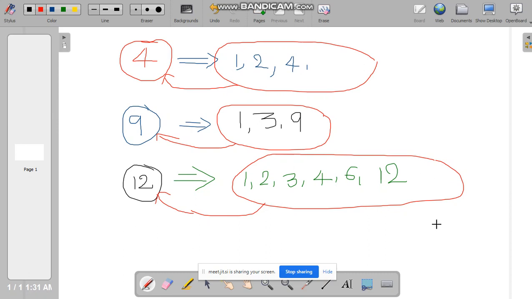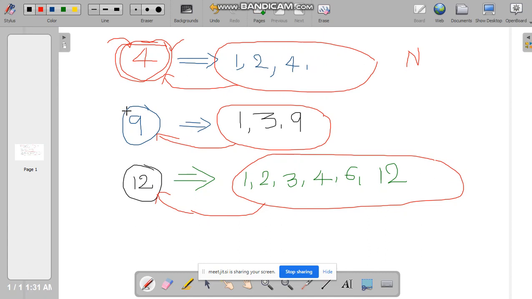Now see, for example, here 4 is there. One important note is, if you want the factors of 4, your factors can't exceed this number. Your maximum value of the factor is 4 only. If you write 6 or 7 or any number more than 4, your answer is wrong.